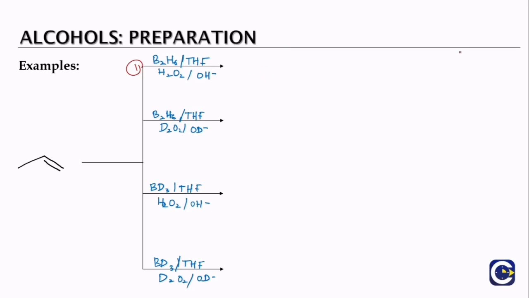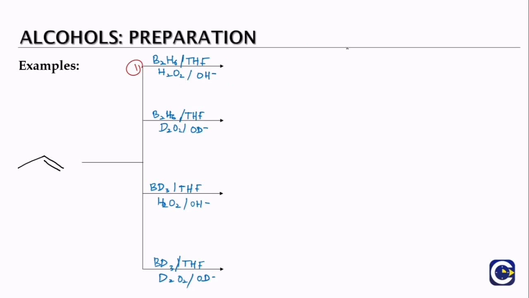As I already told you, the product of hydroboration oxidation follows the anti-Markovnikov rule, and the product is syn if we talk about the stereochemistry. And the third important point that I have already told is that we have to recognize the two species.